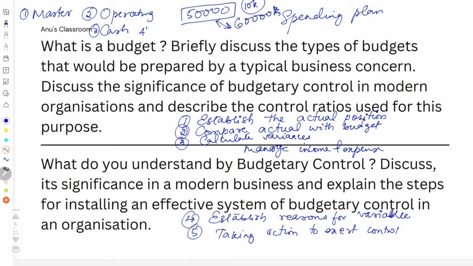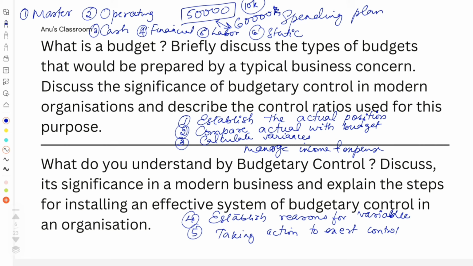Then there is a financial budget, then we have labor budget, and we have static budget. Okay, so these are the different types of budget. Then, yeah, what is the significance of this budgetary control? We said, right, we have to manage our income and expense. That is why we need budgetary control. So what are the significances of this budgetary control?